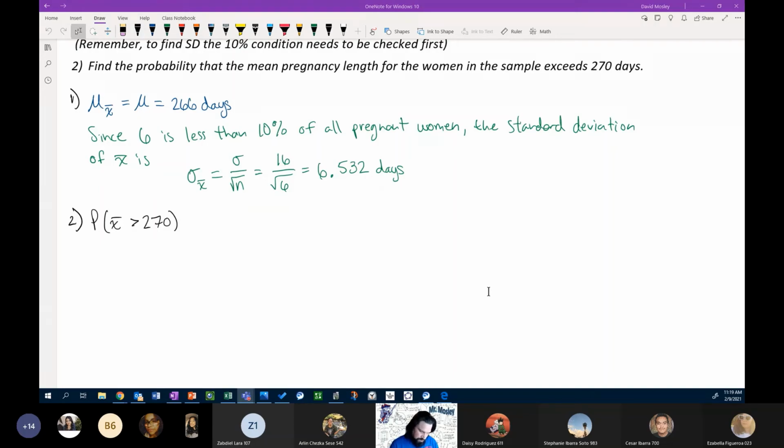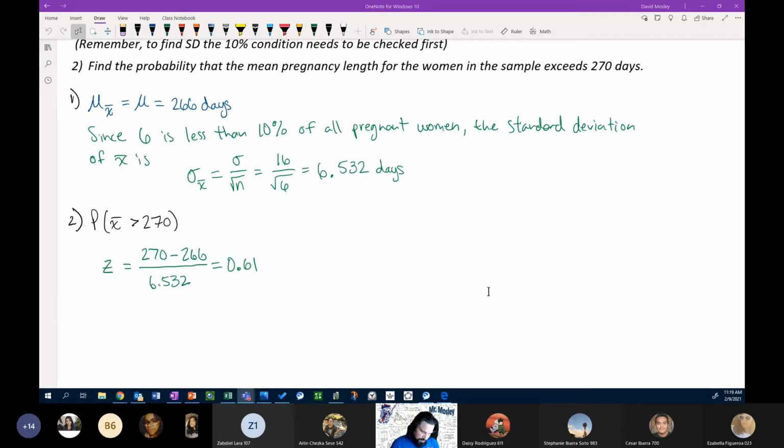So we get z equals 270 minus 266 divided by 6.532, and we get a z-score of 0.61.